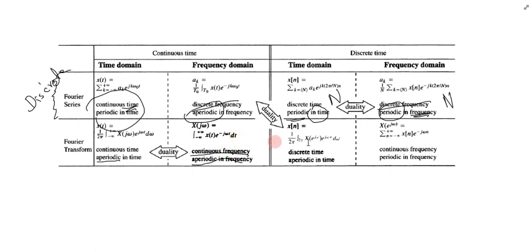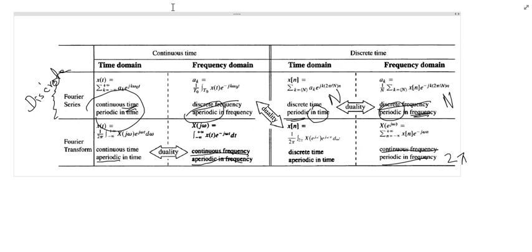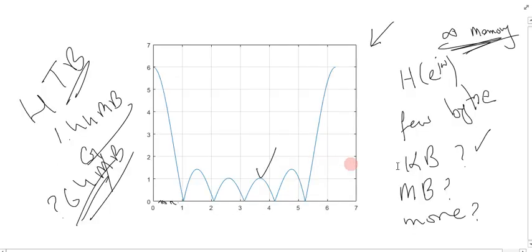And if you take the Fourier transform of discrete time signals, which we have done in this course in chapter number 2, your spectrum is continuous in frequency, but it is periodic with period 2 pi. This is the discrete time Fourier transform.